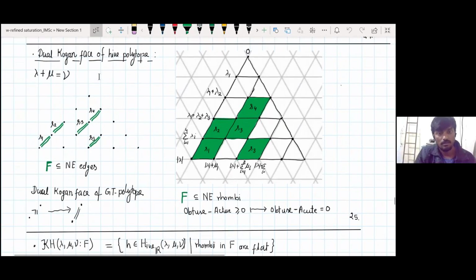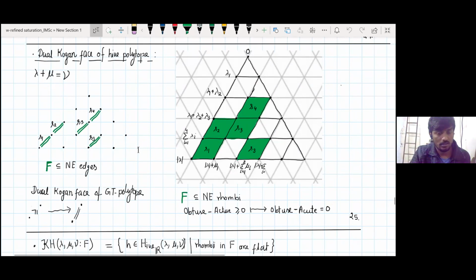So I will define what is the dual Kogan face of the hive polytope. I have defined the dual Kogan face in GT patterns, and the similar definition I will just convert everything to hives. What was it before?